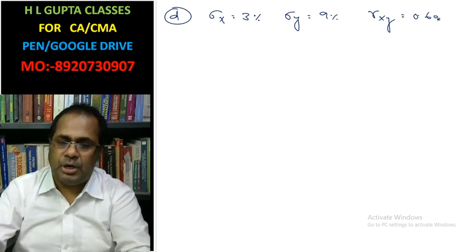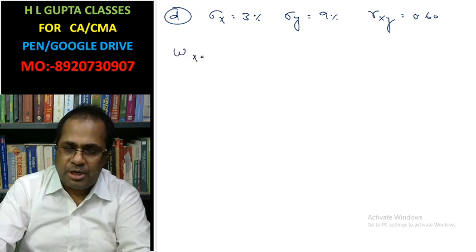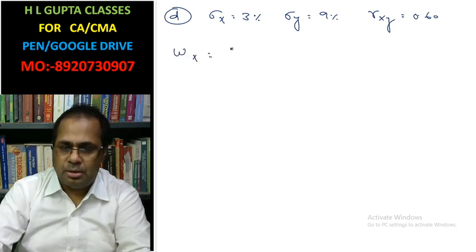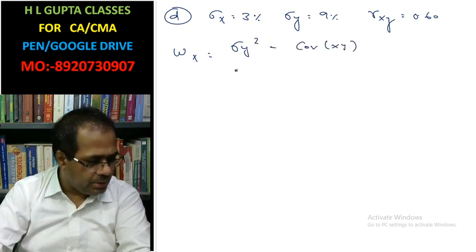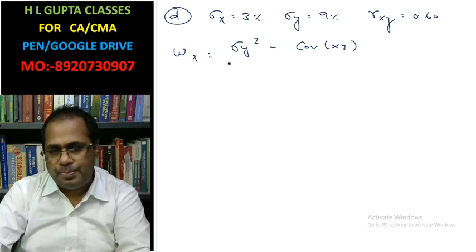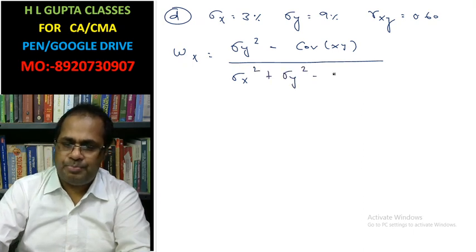Okay. Now in this case, weight of X you have to calculate as (standard deviation Y square minus covariance XY) whole divided by (standard deviation X square plus standard deviation Y square minus 2 covariance XY).